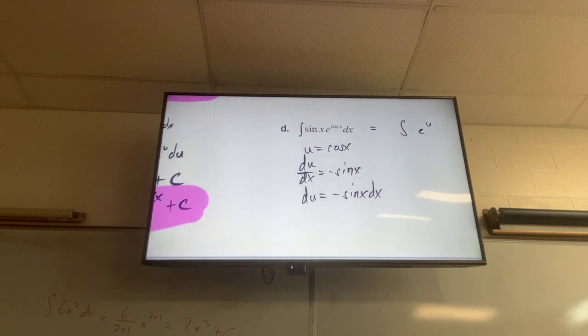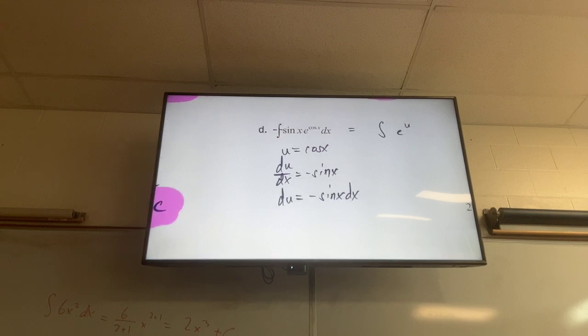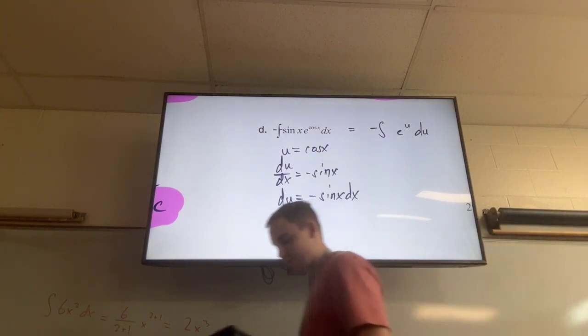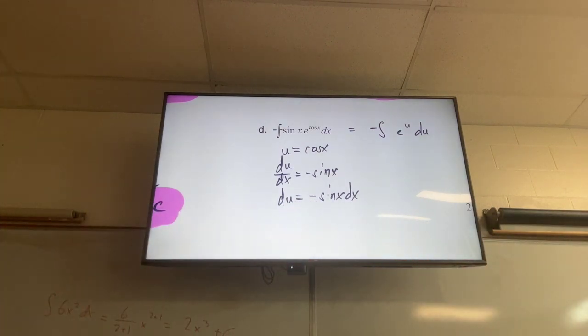What do I need, right? So I have a sine x dx. To sub in for du, I need this to be a what? It needs to be a negative, right? So I'm going to put a negative on the inside and the outside. So it becomes negative antiderivative of e to the u du.